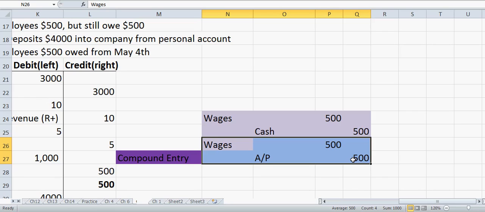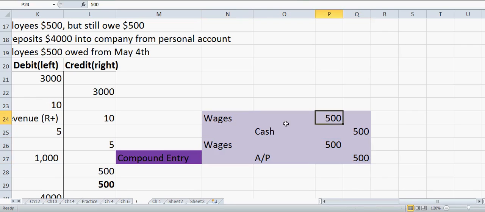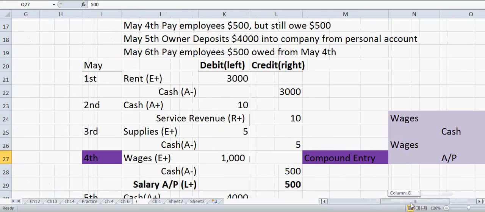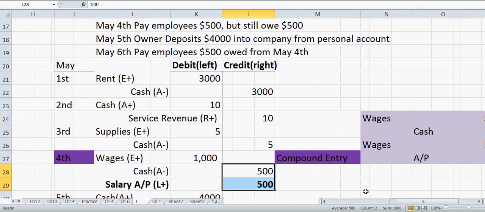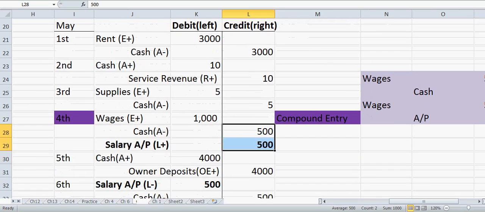So we could have salary expense going up $500, cash going down $500, and then our salary expense going up $500, and our liability we still owe. Our liability is also increasing $500. So I want to point out, these two things say the same thing. I have 1,000 here for wages, and 1,000 here for wages, and 500 for cash, and 500 for my payable account, my liability. Okay? So it means the exact same thing, it won't affect our financials.